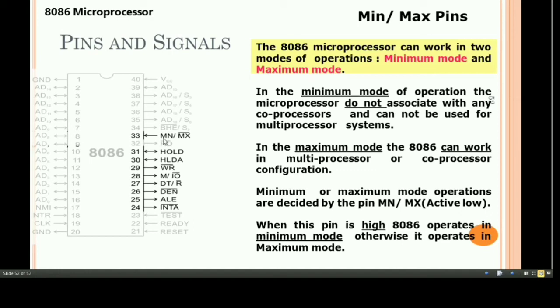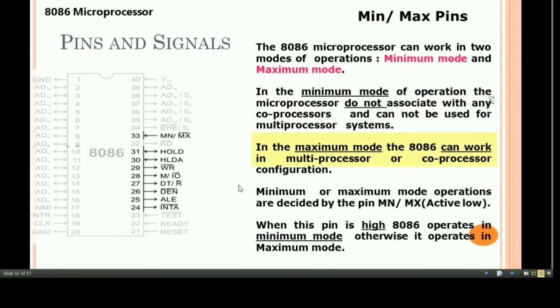When this pin number 33 is active high, meaning signal 1 is observed, the processor is working in minimum mode. In minimum mode, the processor does not associate with any coprocessors and cannot be used for multiprocessor systems. Only the 8086 is working in minimum mode.